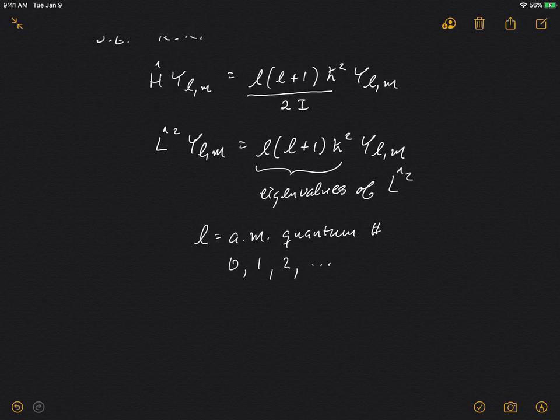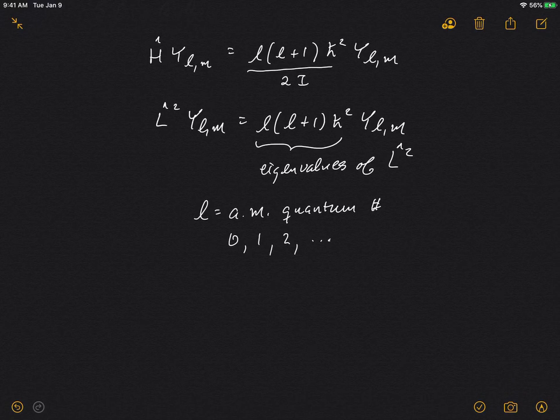Rather, we've just used what we were already given in terms of the Hamiltonian operator, and just did a little bit of algebra. But this can be verified. But we're not going to do that here. That would be a great homework problem. Now let's move on to the LZ operator.